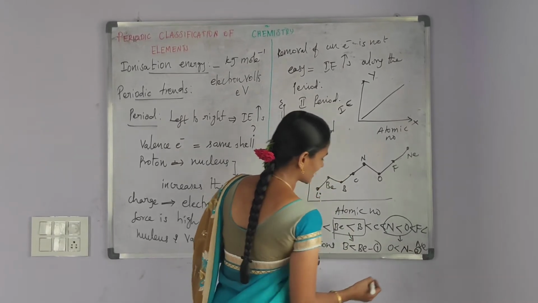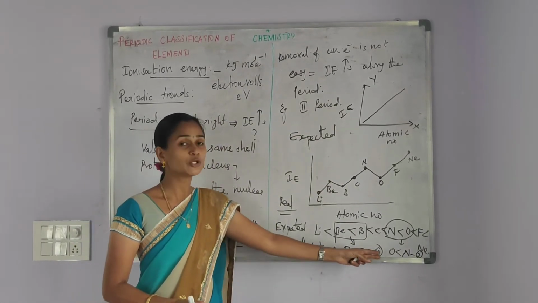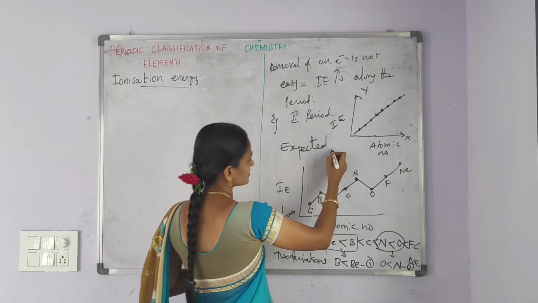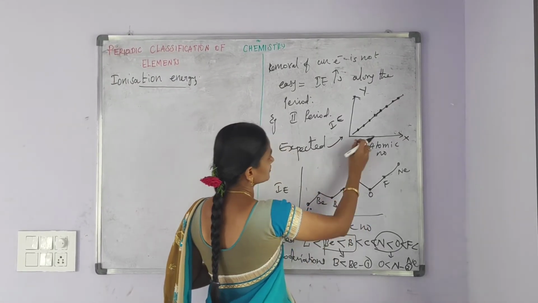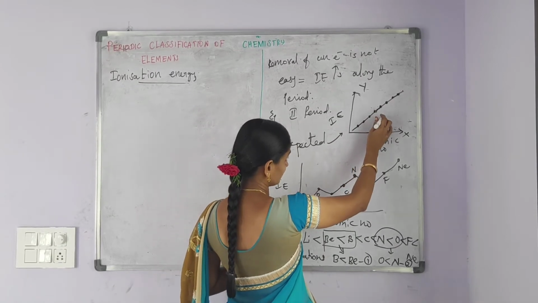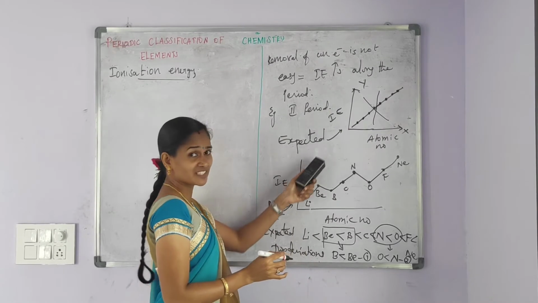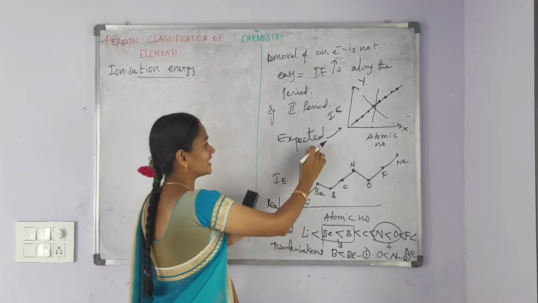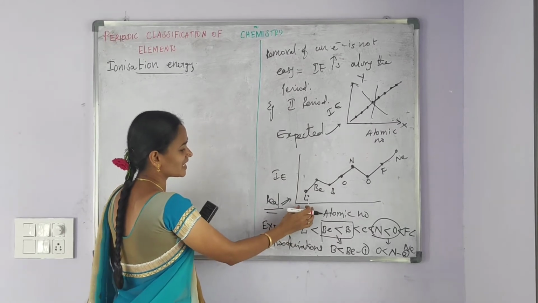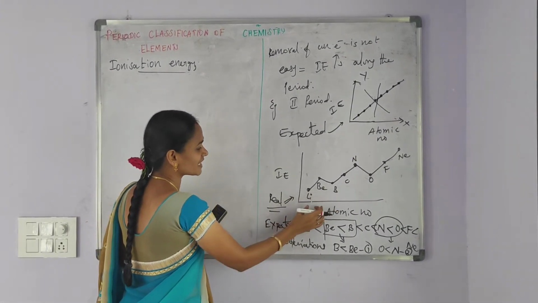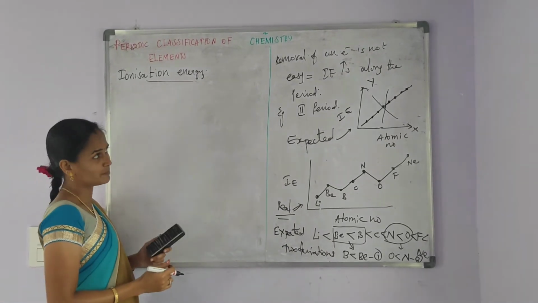What is the reason for the two deviations? Across the period, ionization energy increases, so this is the expected one. But the presence of the two deviations in the second period indicates the expected one is not correct. This is the correct one. So, this graph shows there are two deviations present in the second period.